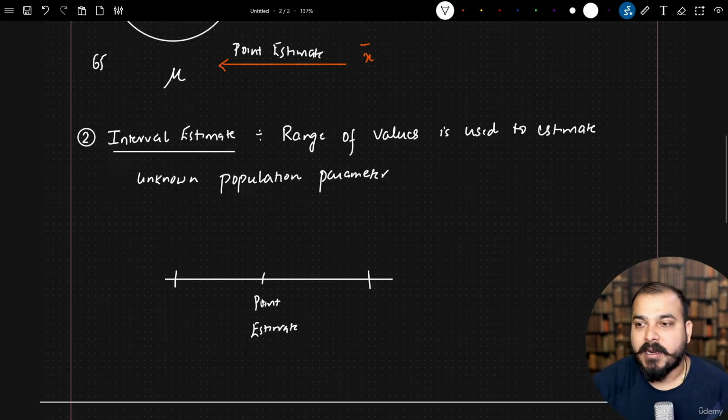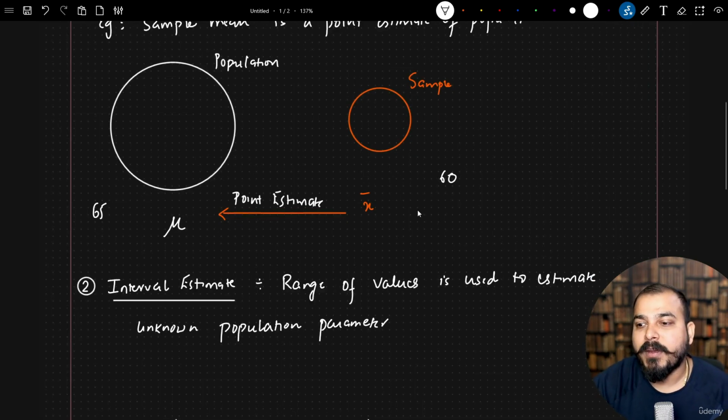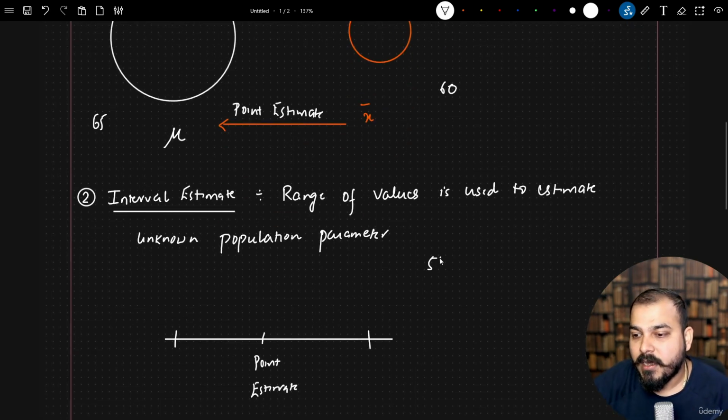Here we saw that my sample mean was 60, but the difference is 5. So what I can do is keep a range between 55 and 65. This range is specifically called a confidence interval.